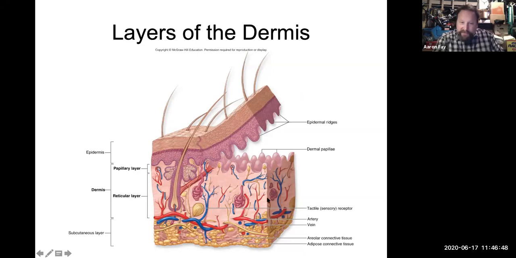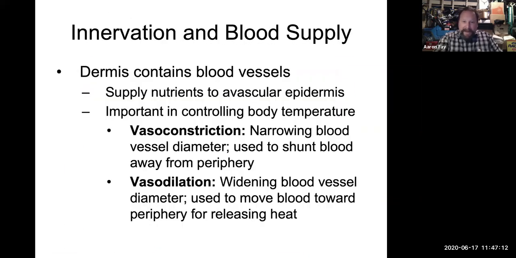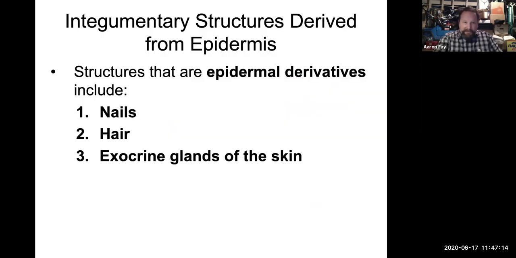Here, sudoriferous glands or sweat glands are also epithelial tissue, but they're down in the level of the dermis. But the dermis itself is made of connective tissue. That's just the point I keep hammering on to make sure you guys are clear about what's going on. The sudoriferous gland also goes all the way up and connects to the surface of the skin. Okay, back to where we left off.